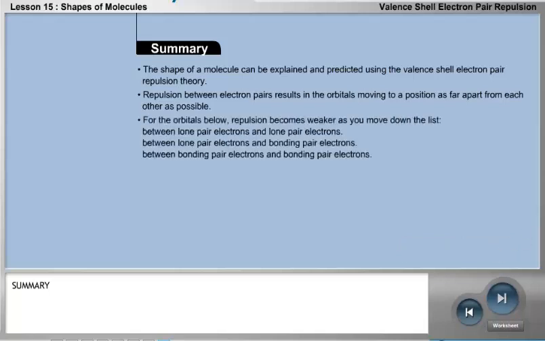For the orbitals below, repulsion becomes weaker as you move down the list. Between lone pair electrons and lone pair electrons. Between lone pair electrons and bonding pair electrons. Between bonding pair electrons and bonding pair electrons.